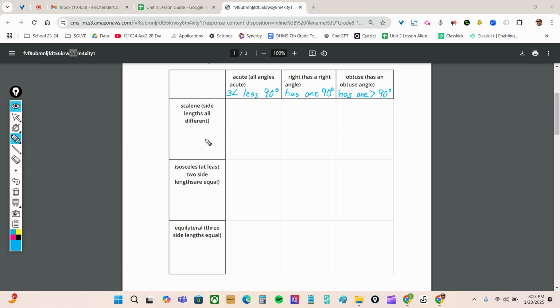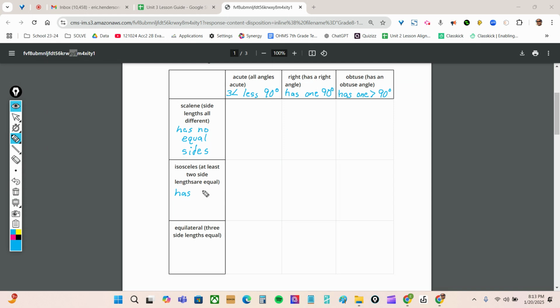Scalene has no equal sides. Isosceles has 2 equal sides.